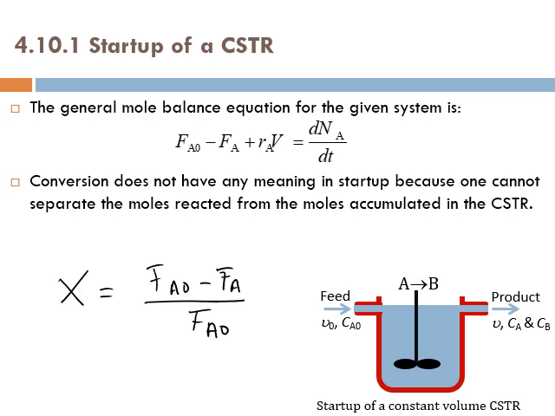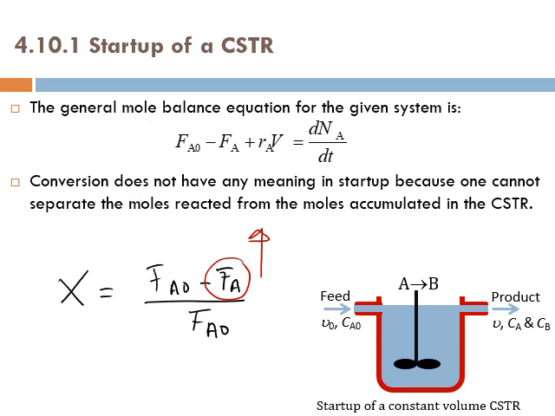Why is that? Because the salt is accumulating within the system. The same thing with A. If it's accumulating, then A with time will increase, because more A accumulates inside the reactor, its concentration will increase, and therefore FA will increase.